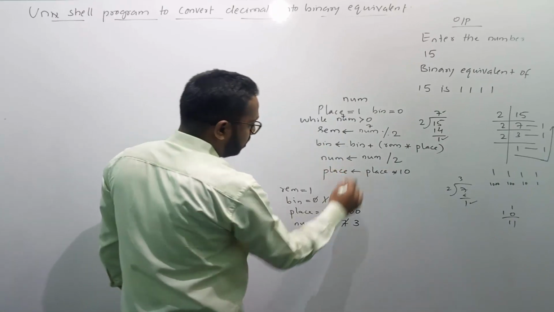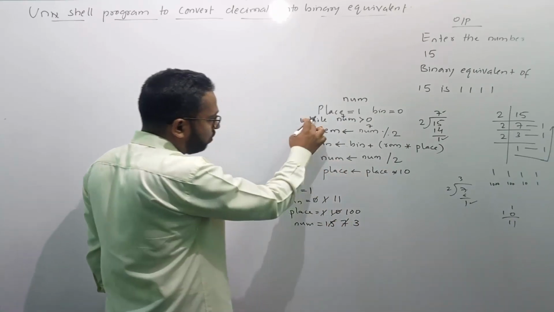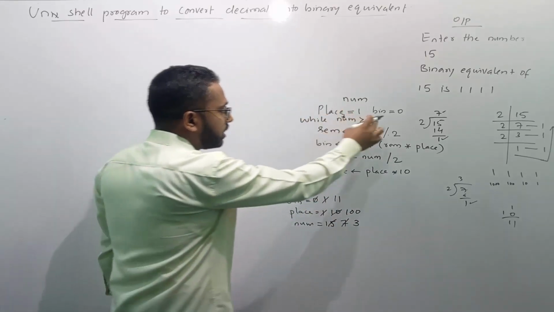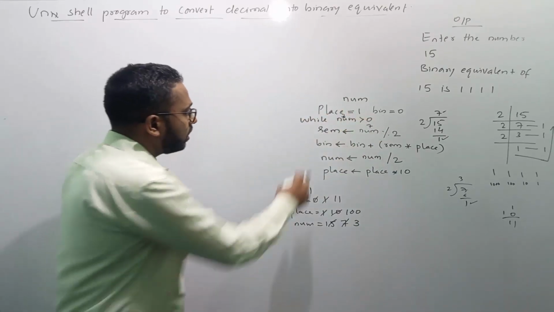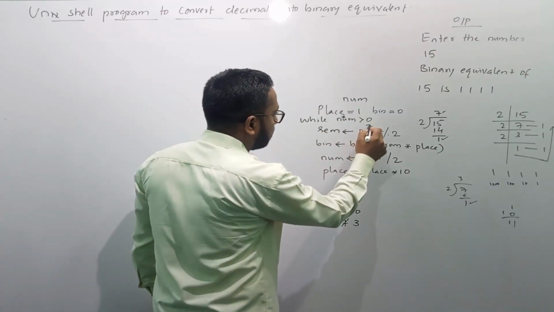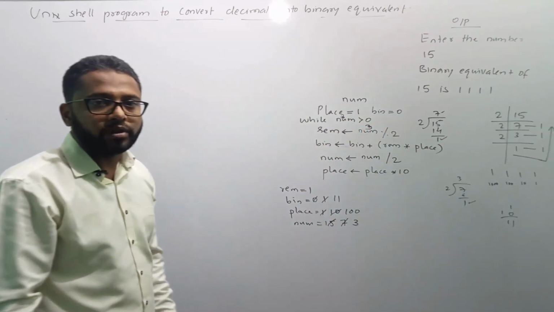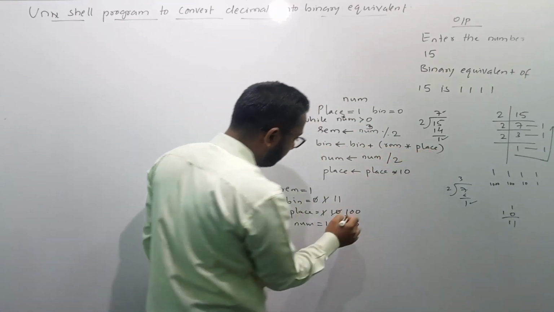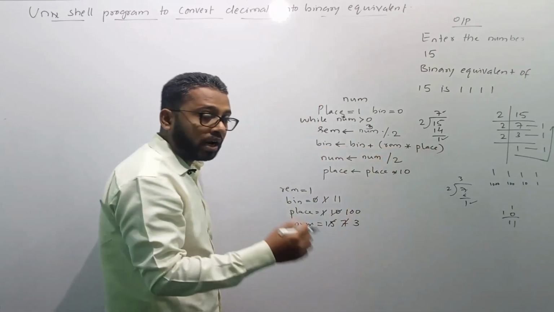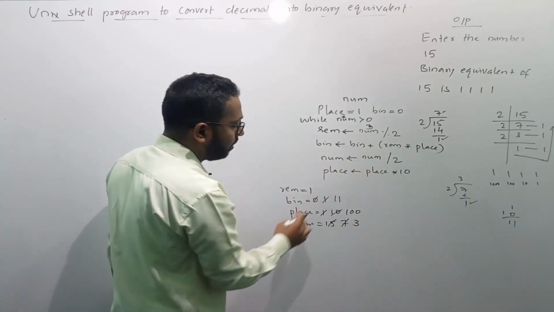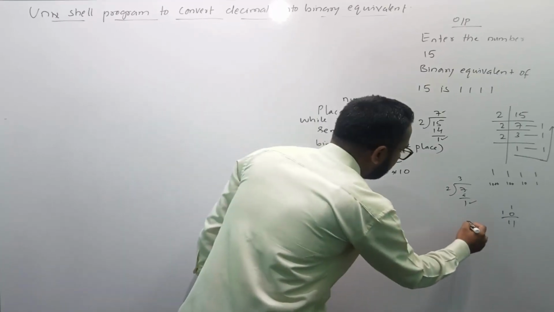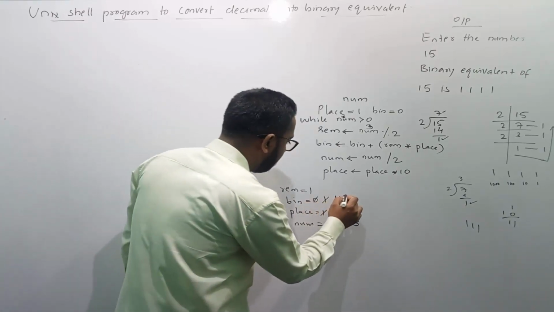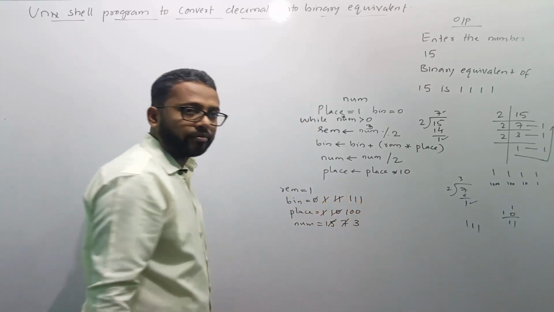Now num is 3, again control goes back to the while. 3 is greater than 0, yes. Now 3 comes here, 3 mod 2, we get 1 as the remainder. Now remainder is 1, 1 into place 100 gives 100, plus binary 11, so we have got 111, and binary becomes 111.